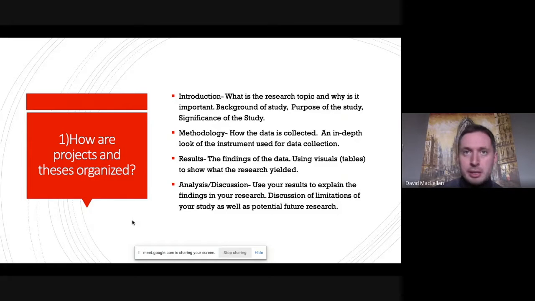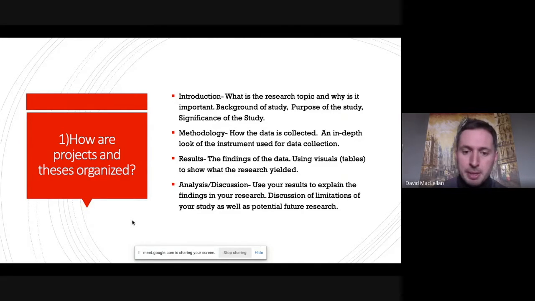So there are a lot of references introduced in the introduction section, then a methodology section where you're looking at how the data is collected, what instruments are used, that sort of thing. Then a results section where you're presenting your data using visuals and text.